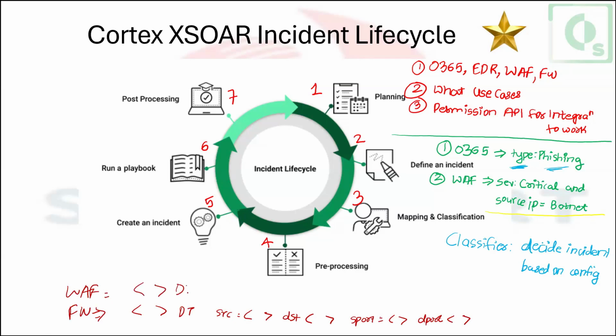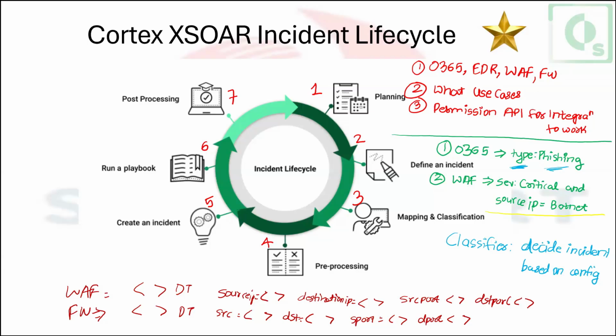I have an ID, a date timestamp, a source IP, a destination IP, then SRC port with some value and DST port with some value. Imagine these are two different types of logs coming in from the WAF and the firewall respectively.